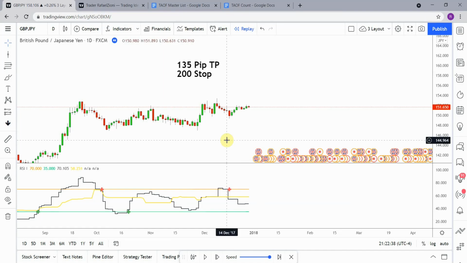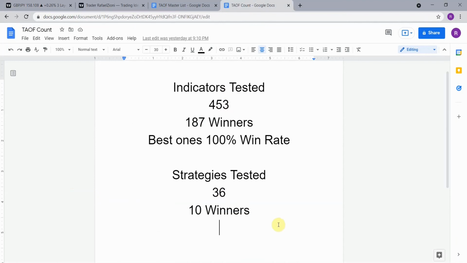Alright, as I said, today we will be testing the RSI I Indicator. Before we do though, I wanted to put the testing scoreboard up for everyone to see. So to date, we have tested a total of 36 different strategies, with 10 of them being winners.